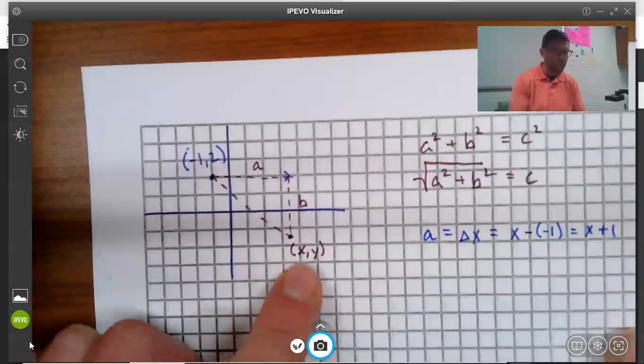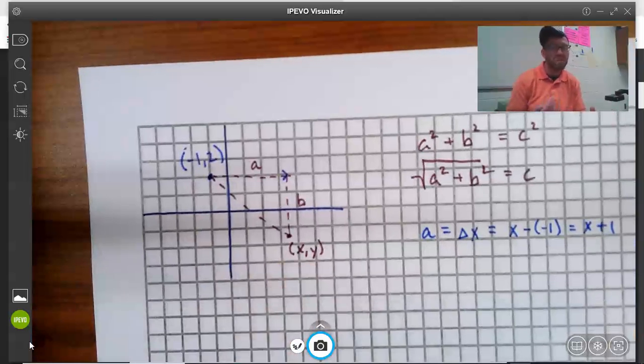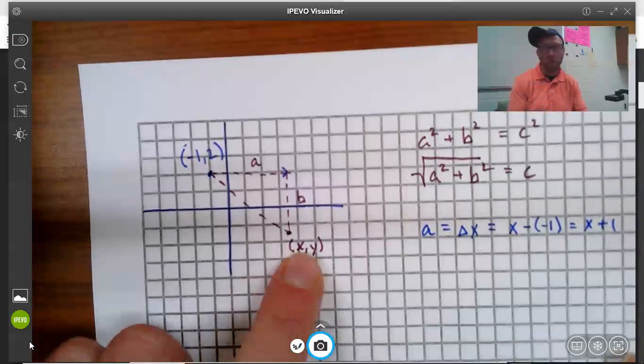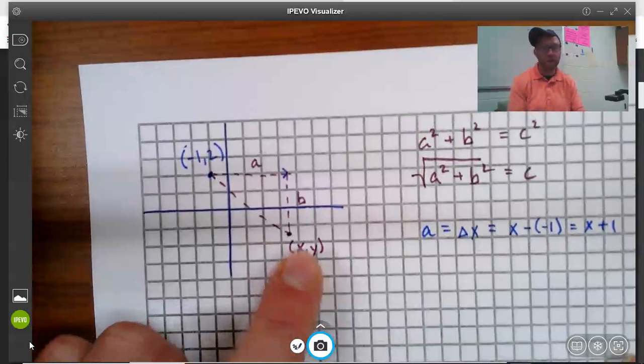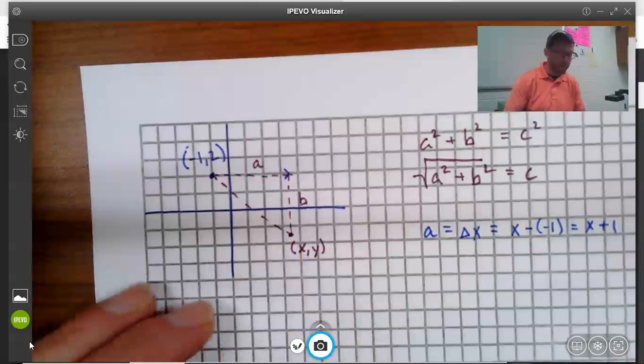I should specify, by the way, since we don't know what the coordinates are, I'm just going to call them x and y for now. And they're going to be our inputs. We're going to plug those numbers into our formula. So next we have b.